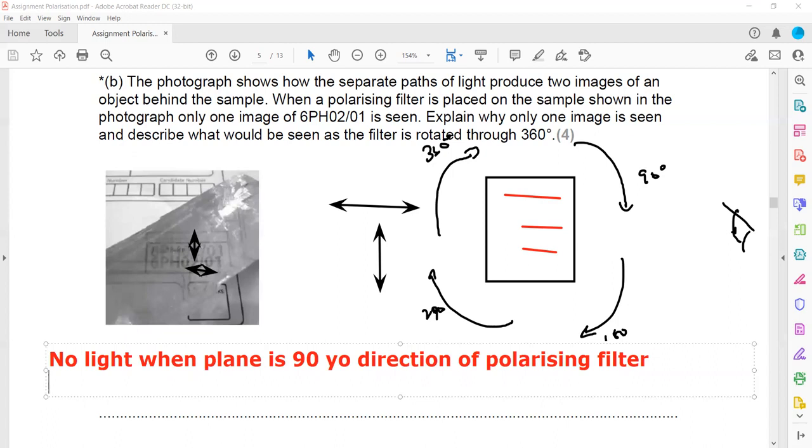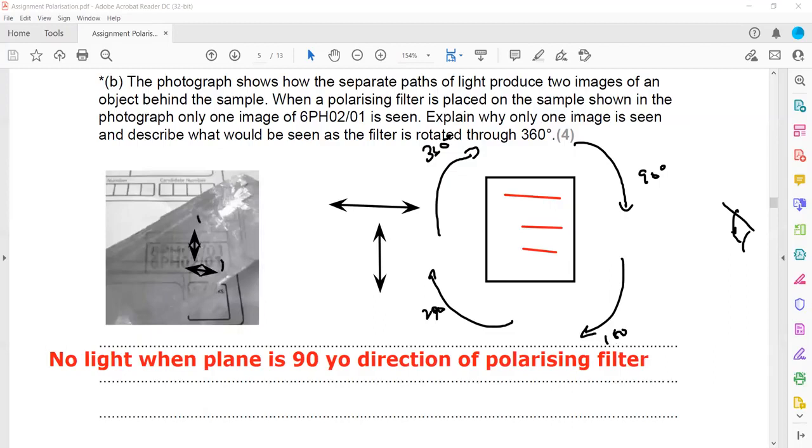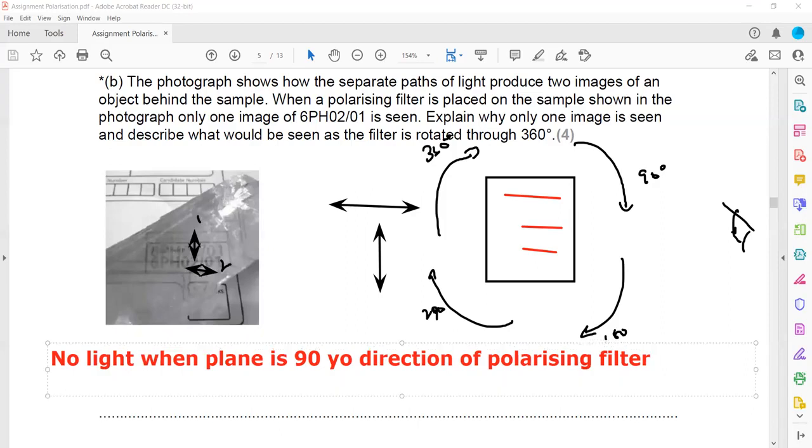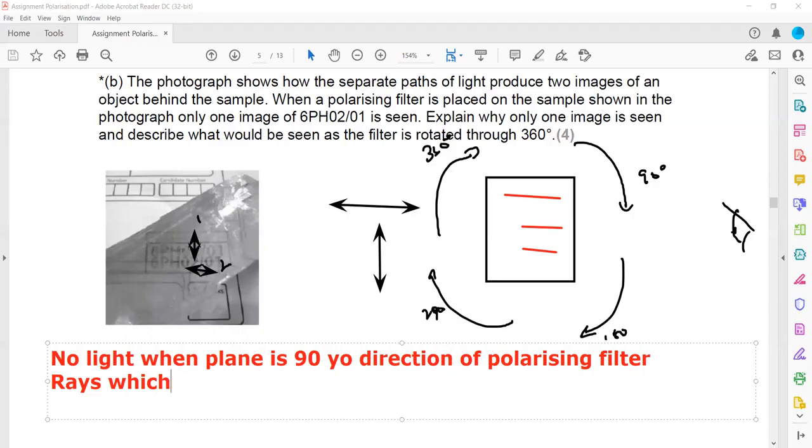So if I'm saying this as image 1 and this as image 2, the rays which are transmitted, or the rays of each image, are polarized in different directions.